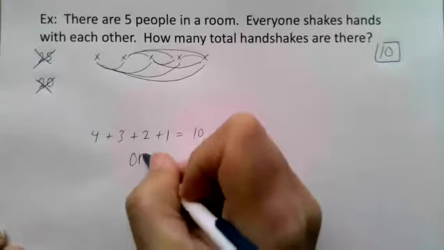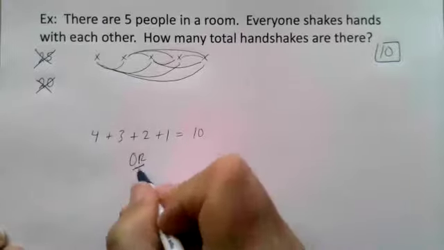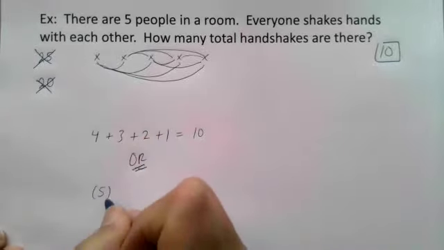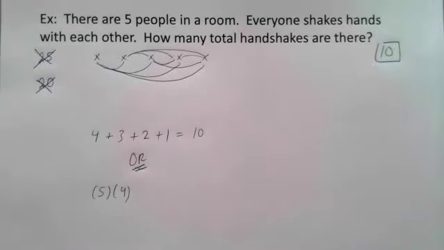But remember, the other thing that I said a few minutes ago is that 20 was double counting. 5 times 4 is not a bad approach. You just have to realize that's double counting. If you're one of those 5 people, yes, you're going to go shake 4 hands. But if you stick with 5 times 4, you're counting every handshake twice, and we don't need to do that.